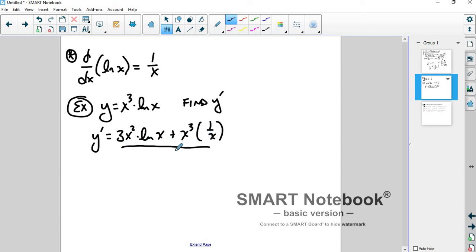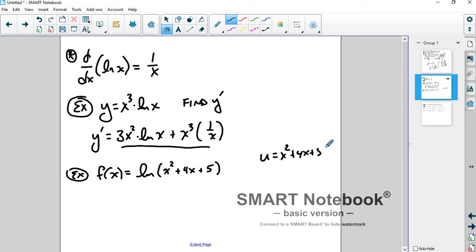All right, that's great. But now what happens if we need to take the derivative of a natural log function that has a natural log of some stuff? Well, this is like a u. u is x squared plus 4x plus 5, and y is natural log of u.